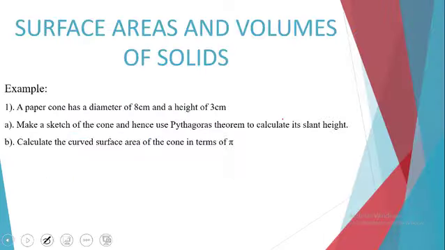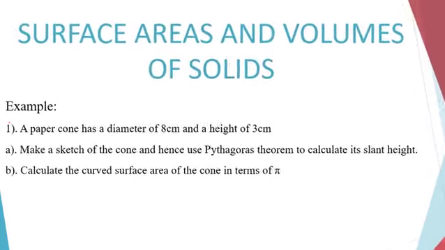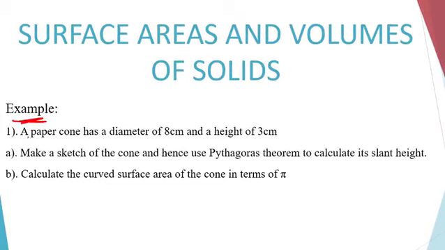Let us solve examples involving these surface areas and volumes of solids that I gave to us in our last class. We have an example here on the screen. It says a paper cone has a diameter of 8 cm and a height of 3 cm.